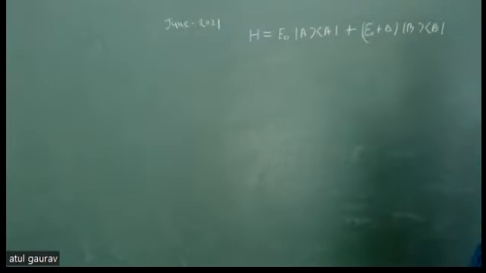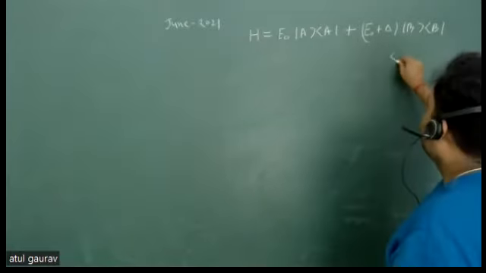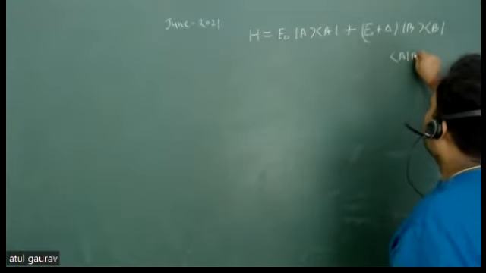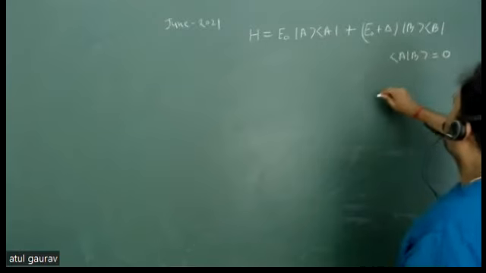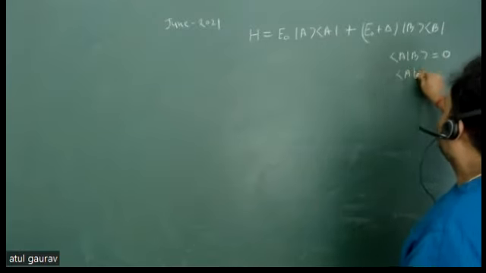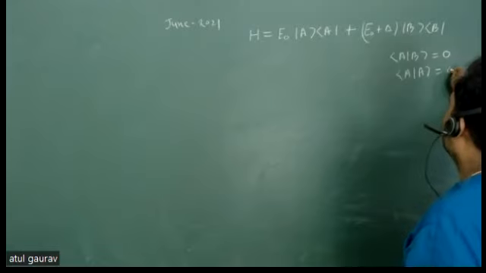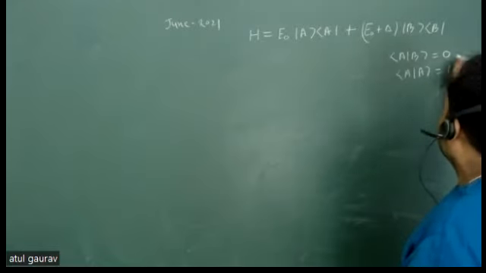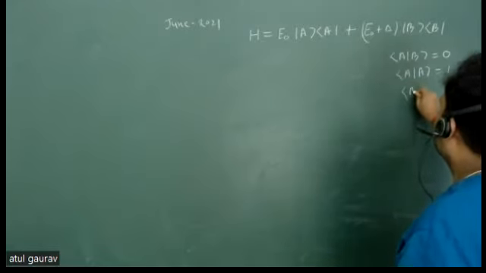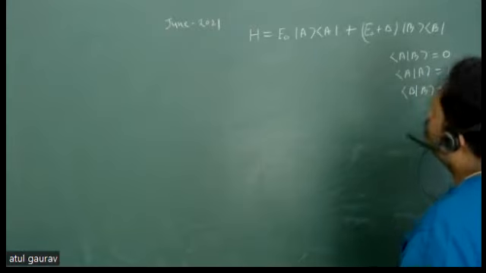Okay. And it is also given that A and B are orthogonal in nature and they are normalized vectors. So <A|B> is 0, <A|A> is 1, and <B|B> is 1. So it is also given.